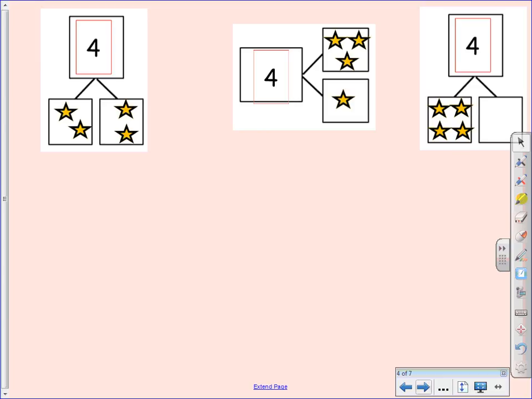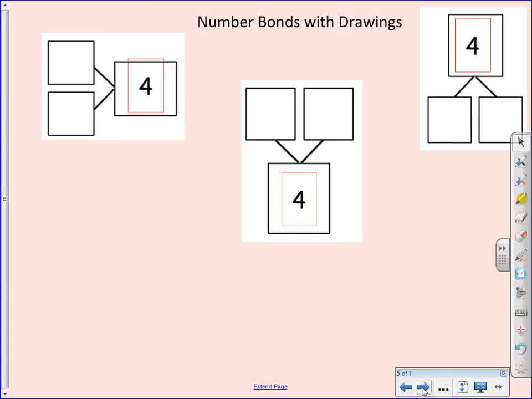After lots of practice with concrete objects, students would transition from placing the objects into the number bond to drawing pictures to represent the number and its parts. So let's look at an example of that. For this one, we're going to start with the number 4.